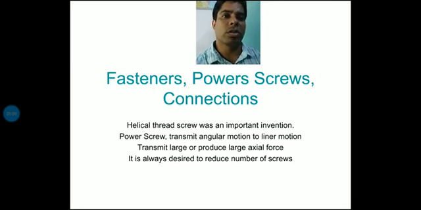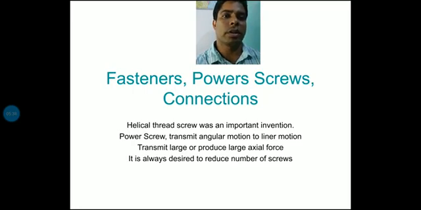That's why one person cannot lift a vehicle, but if we put the power screw below the vehicle and give one angular motion, the vehicle moves up and down.